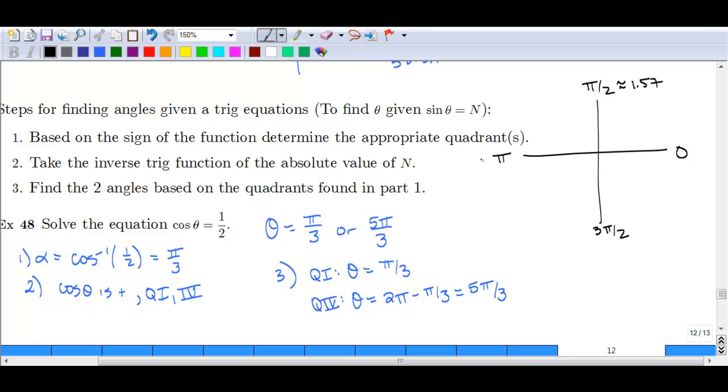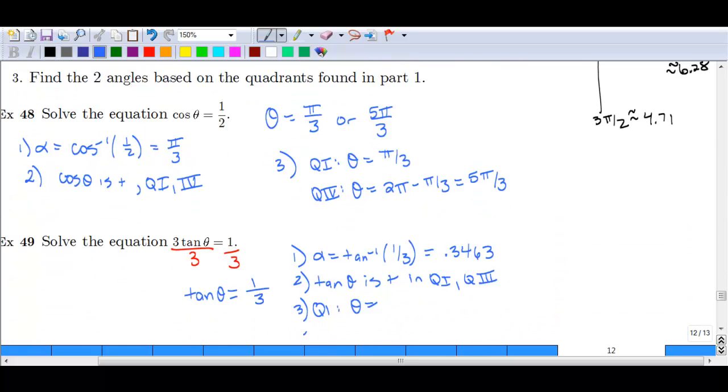If you're between that and approximately 3.14, then you're in the second quadrant, and if you're between that and approximately 4.71, you're in quadrant 3. And 0 is also 2 pi, which is approximately 6.28. So those are the numbers, again, if you're trying to remember which quadrant you're in.